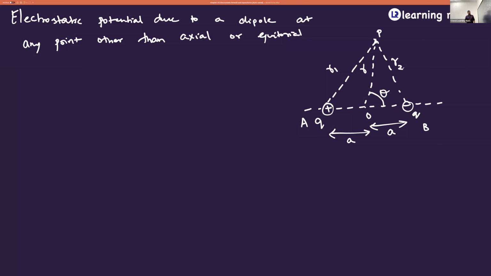Right. For that, we will be using a concept from a topic called properties of triangles, which is called the cosine rule. Okay.